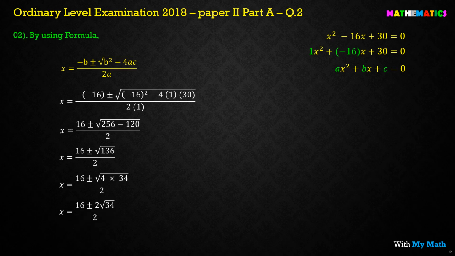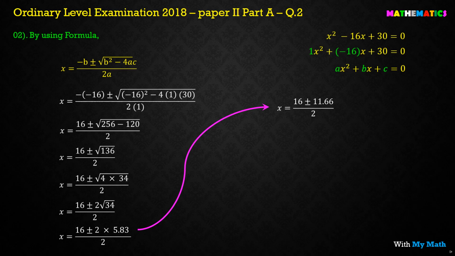Here I can reach this step. 2 has come out from the square root, and then I have substituted that square root by 5.83. Then I can reach here 16 plus or minus 2 into 5.83, which is 11.66, divided by 2.